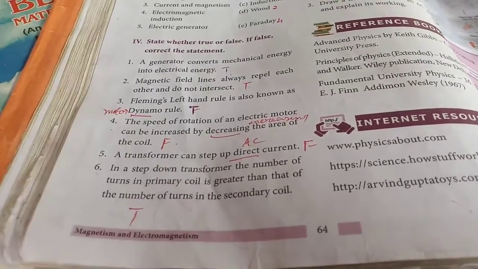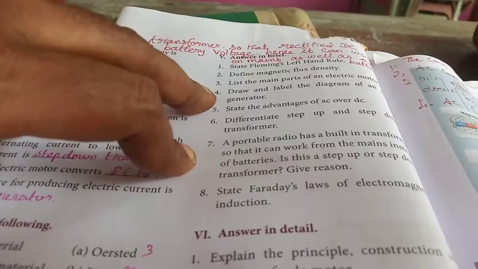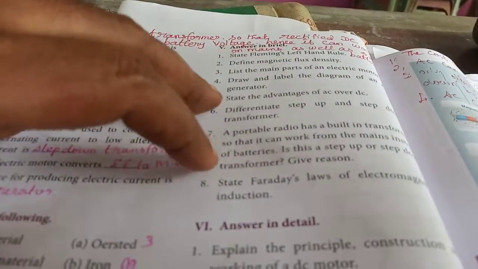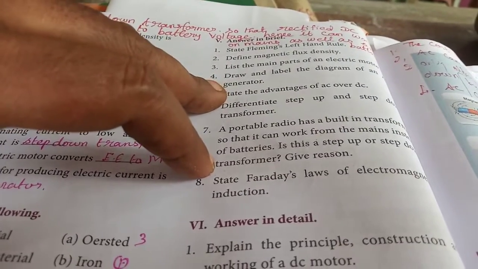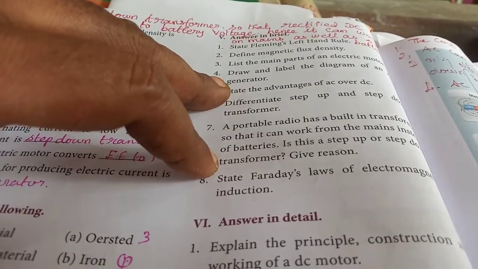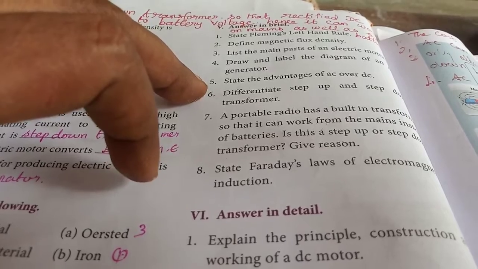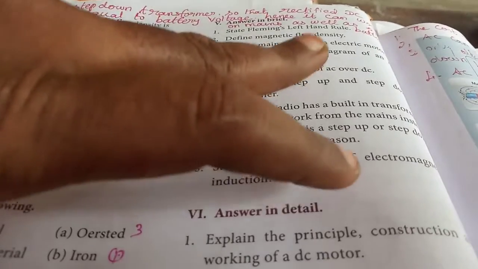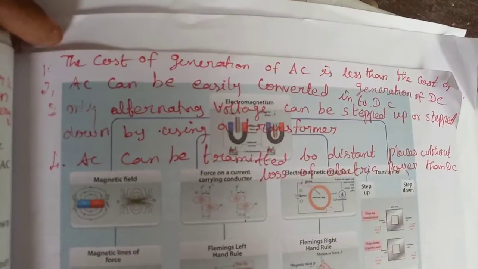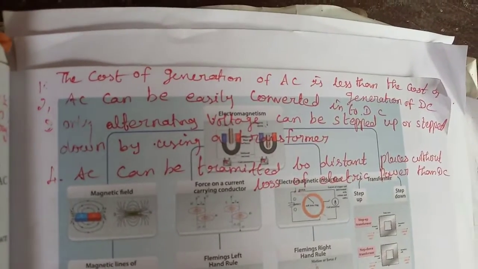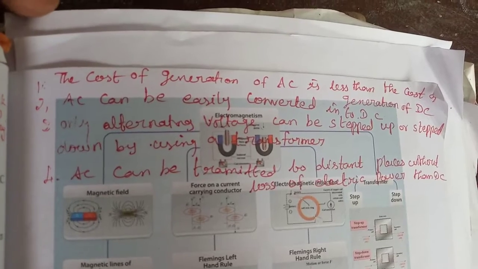Next, Roman letter 5, question number 4, draw and label the diagram of AC generator. I have already drawn it on the blackboard, you just have to draw and mark the parts. Then fifth one, state the advantage of AC over DC. So you have to write it. The cost of generation of AC is less than the cost of generation of DC.